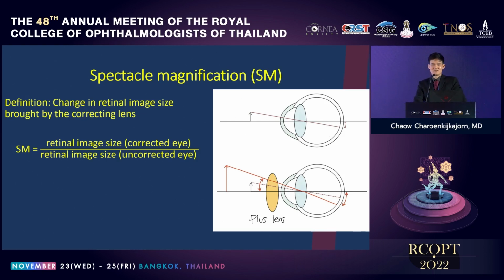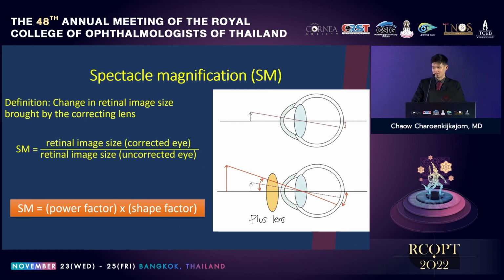So the definition of spectacle magnification is straightforward. It's just the change in the retinal image size of the corrected eye compared to the uncorrected eye. And the way to calculate it is, there are 2 factors that affect the spectacle magnification. We call them power factor and shape factor. And we're going to go into the details right now.